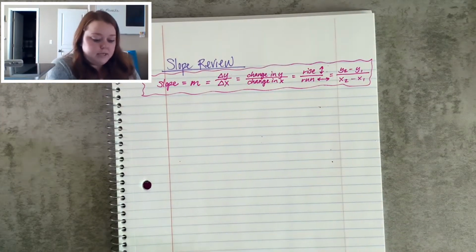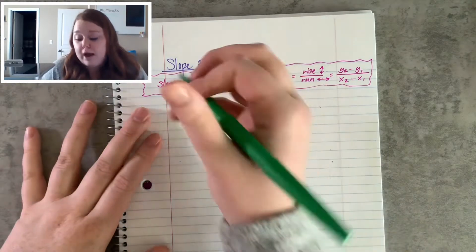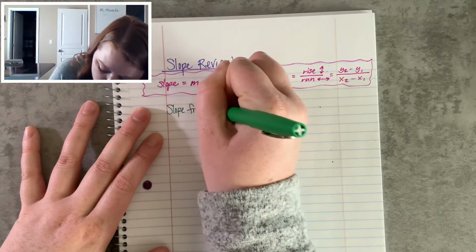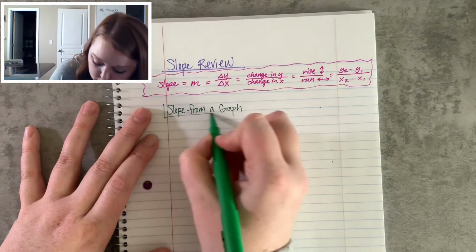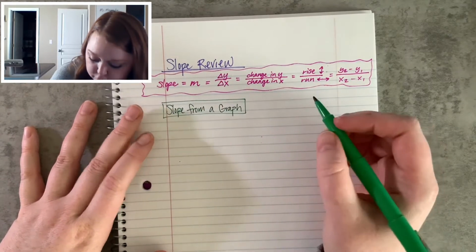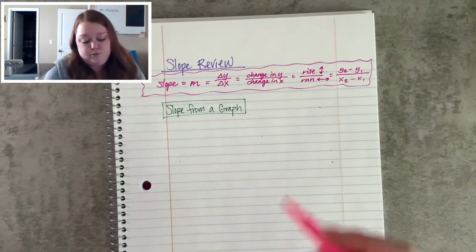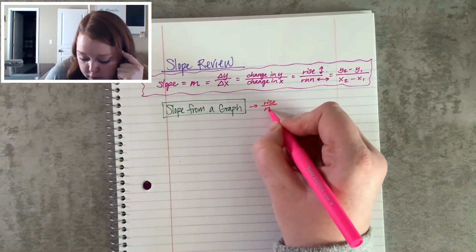Okay, so next, let's go ahead and do slope from a graph. Okay, so slope from a graph. I would suggest to stick in your head like, oh, okay, that's when I do rise over run.